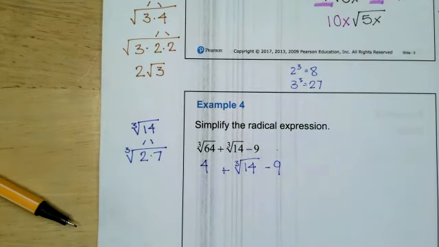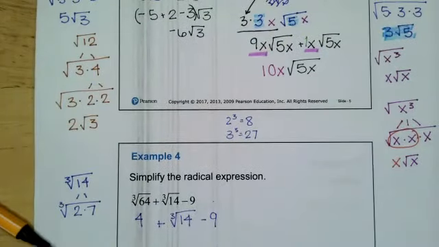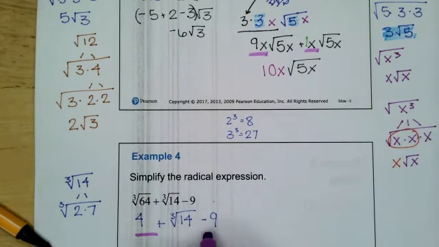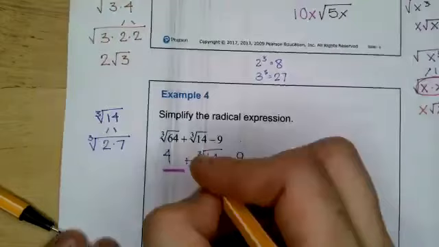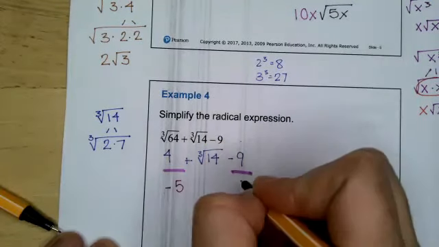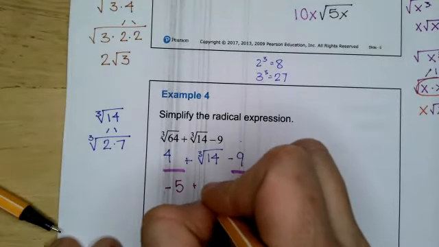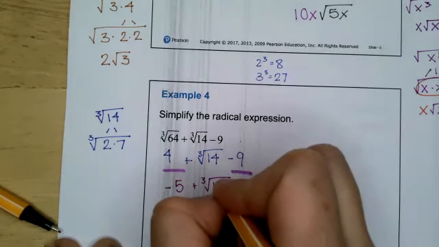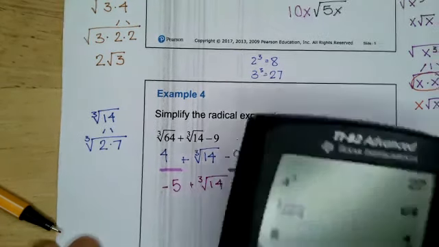So we're not combining the radical expressions. We're combining the 4 minus 9. 4 minus 9 is just a negative 5. Right? So we have, and it doesn't matter if the negative 5 is up here or behind it, negative 5 plus the cube root of 14. That is not the same as, okay?